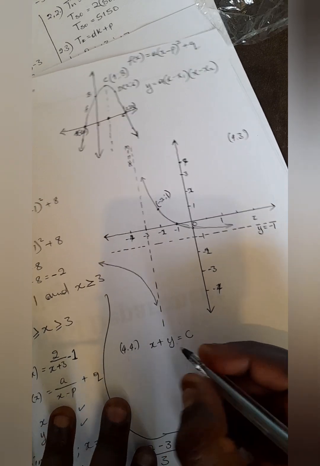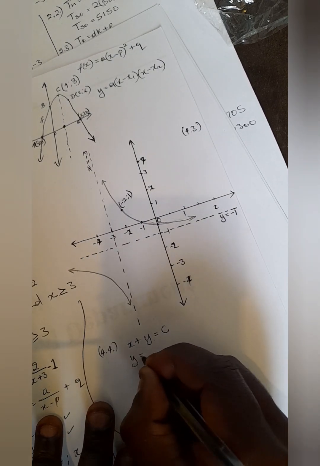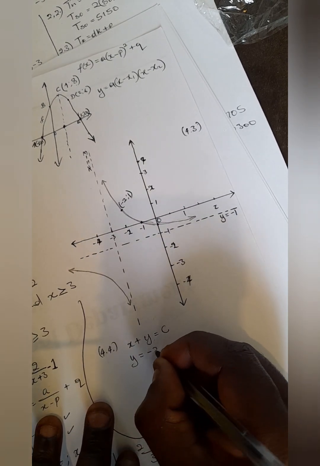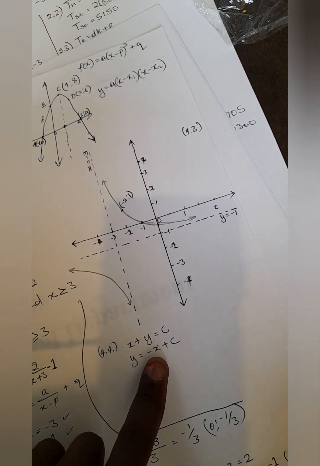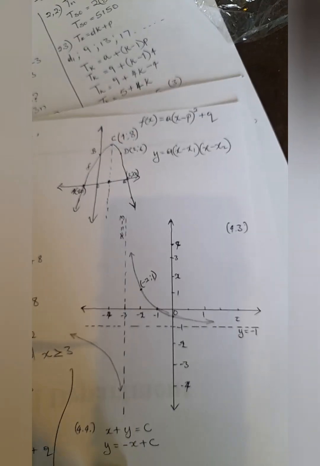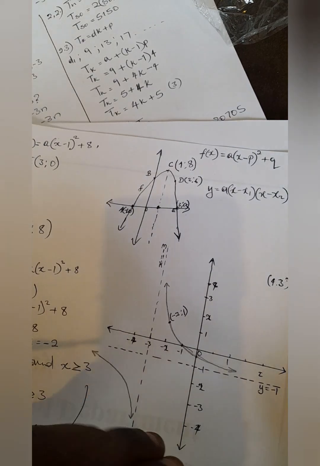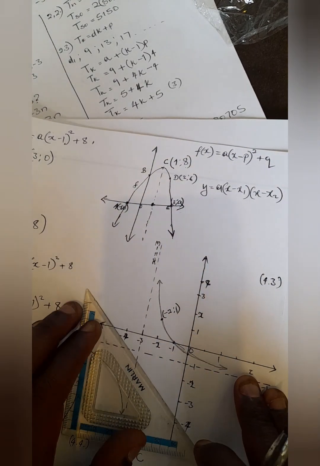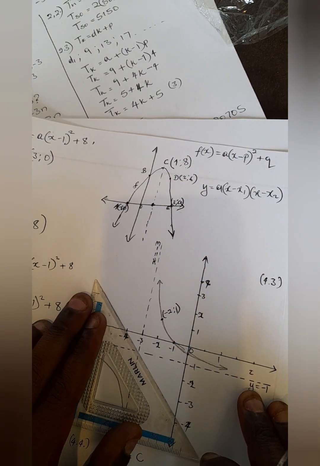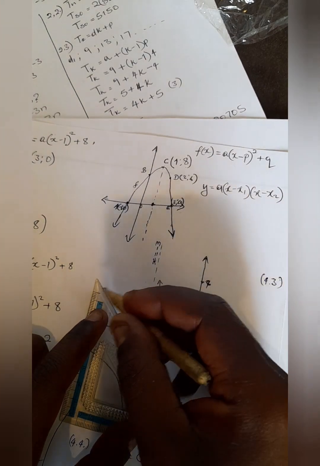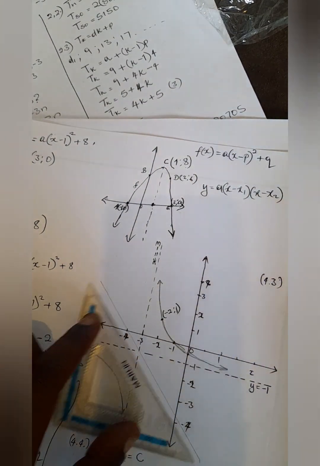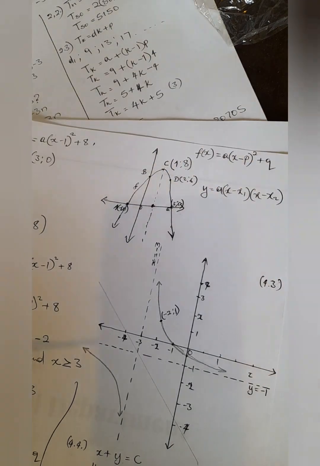Okay, here making y subject of the formula, you have y is minus x plus c. So you can see that the gradient is negative, right? If the gradient is negative, this means your line of symmetry is like that. Okay, I'm gonna draw it with a pencil. That's your line of symmetry.